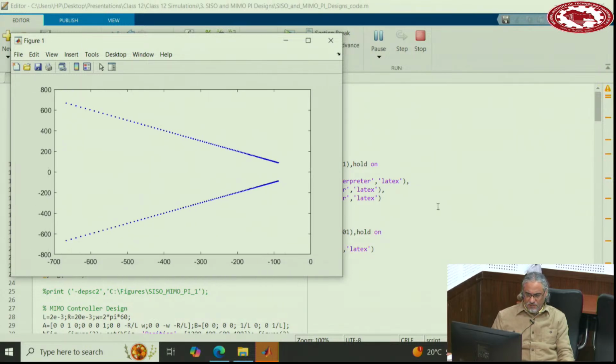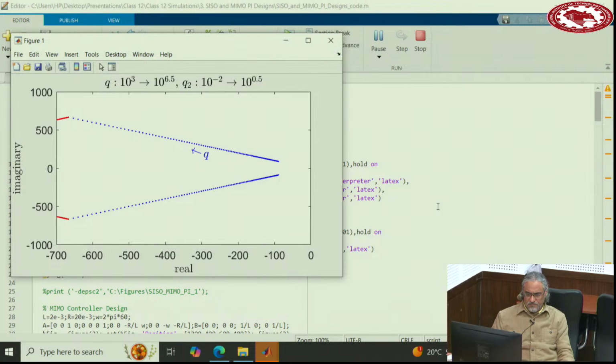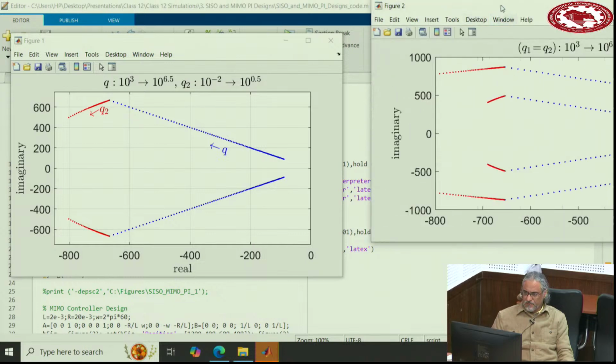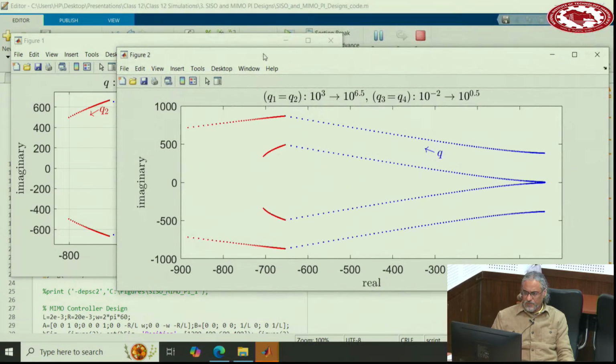So this is the CISO design. And this is the MIMO design for only integrator, not resonant controllers.